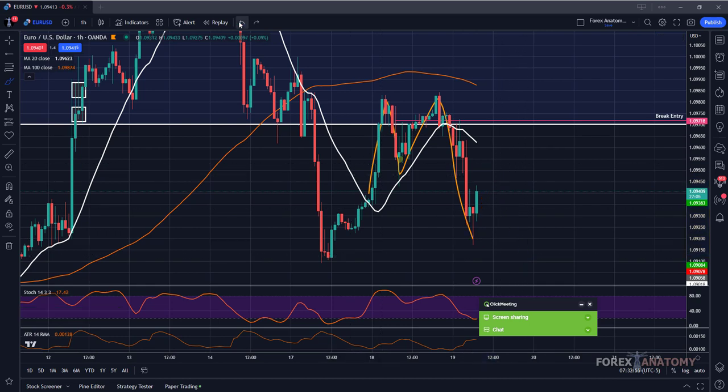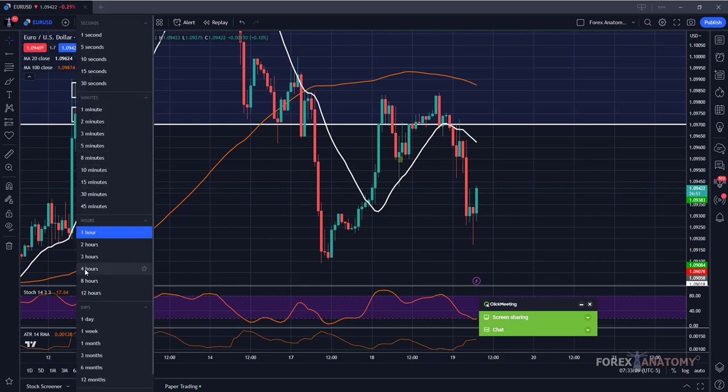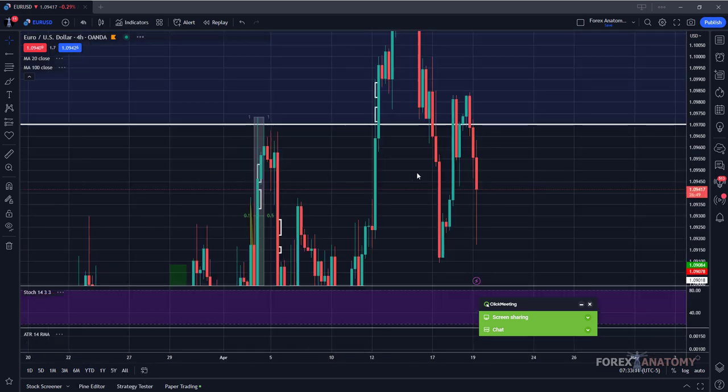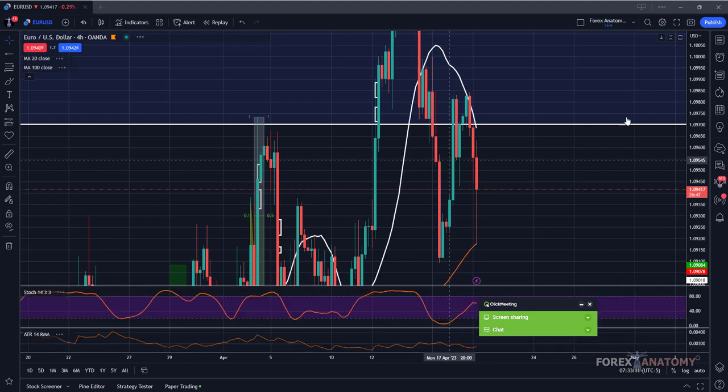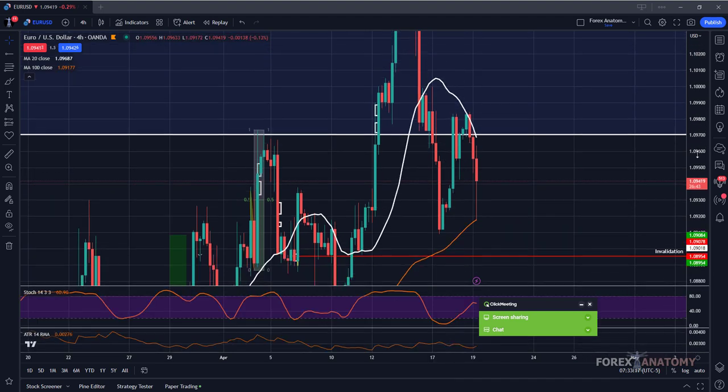So with that said, let's plan our attack. So I'm just going to keep this simple. I'm not going to go to multiple time frames because I think on the 4-hour this is bearish. I believe so. Let's go to the 4-hour. Yep, it looks somewhat bearish.